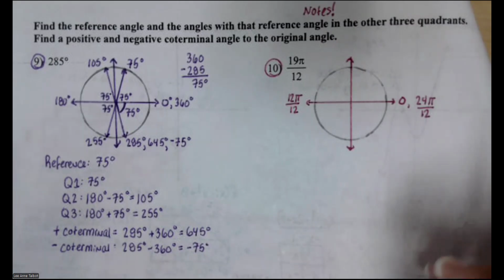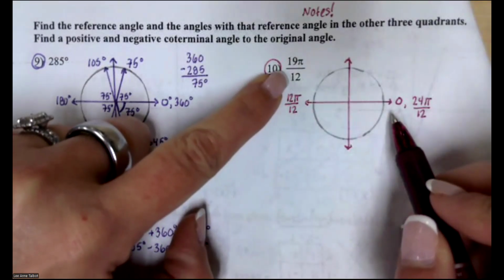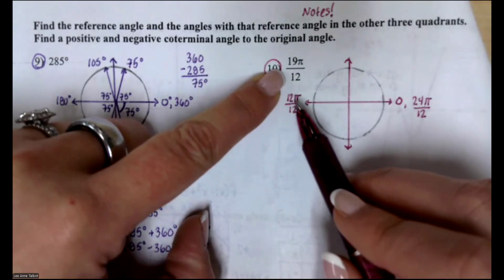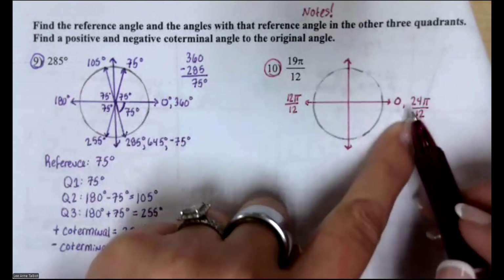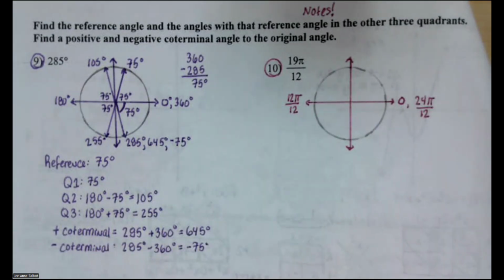Okay, so let me go over this again. I put a 0 here. I look at the denominator of the problem, put the same thing on the top and bottom for the 180 spot, and then double the top for the 360 spot. Are you guys okay with that?